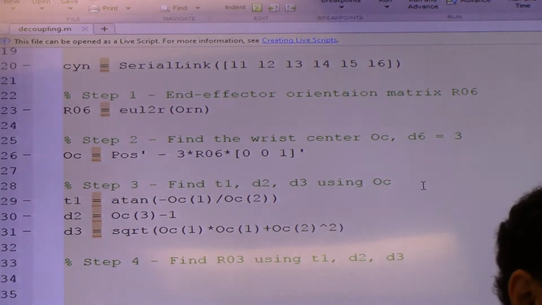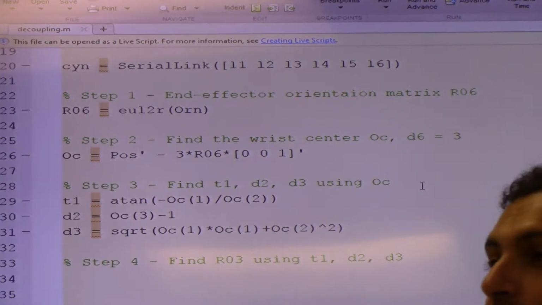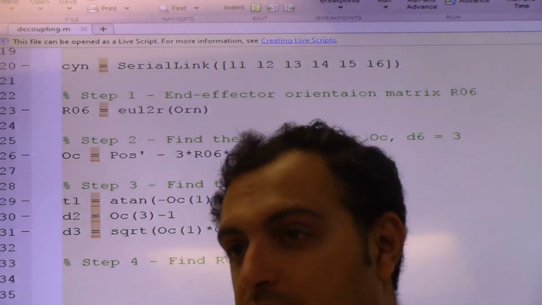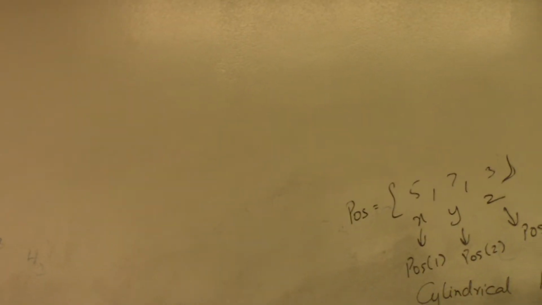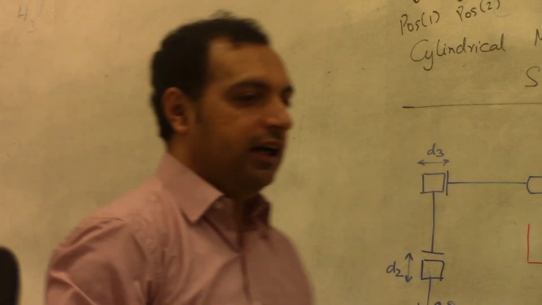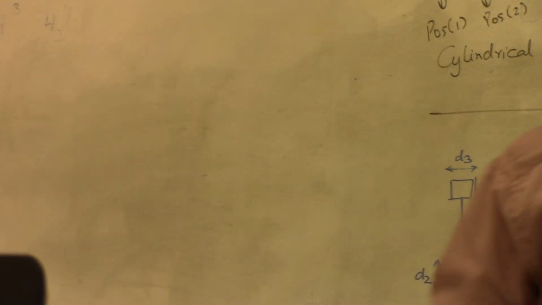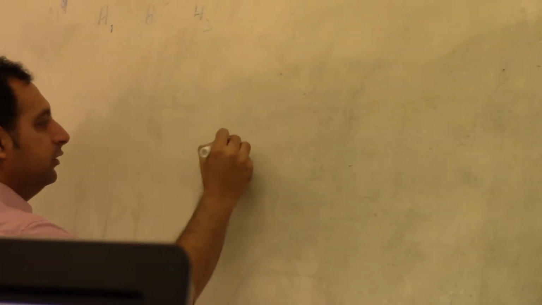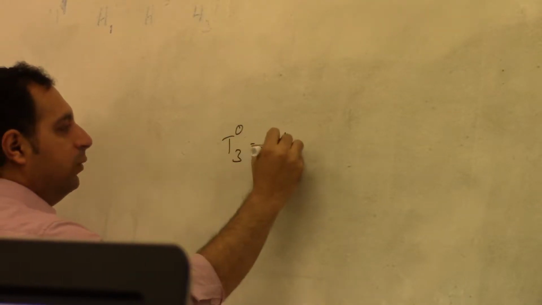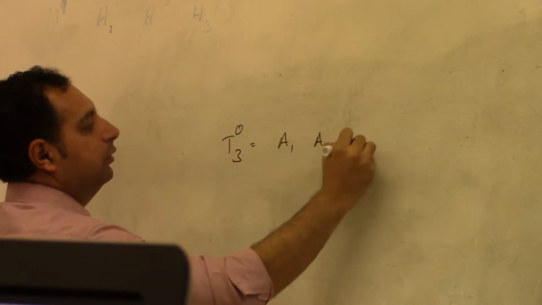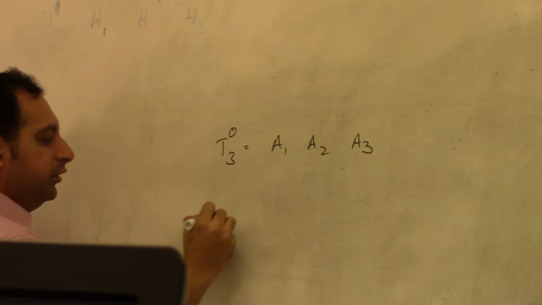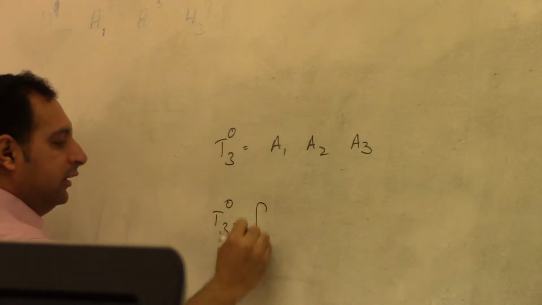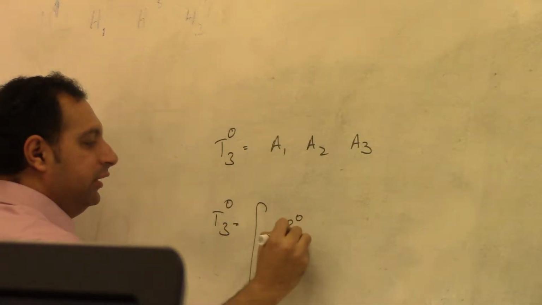Okay, so let's do this. How do we find R03? So the way to find R03 is basically to do this. The only way we can find R03 is to find T03, which is A1, A2, A3. We'll get a T03 matrix like this, which will be R03.